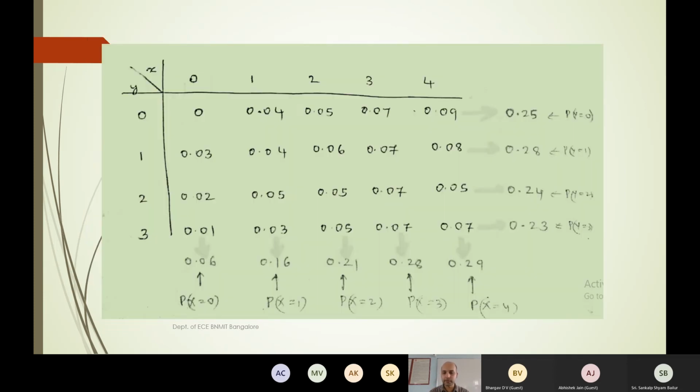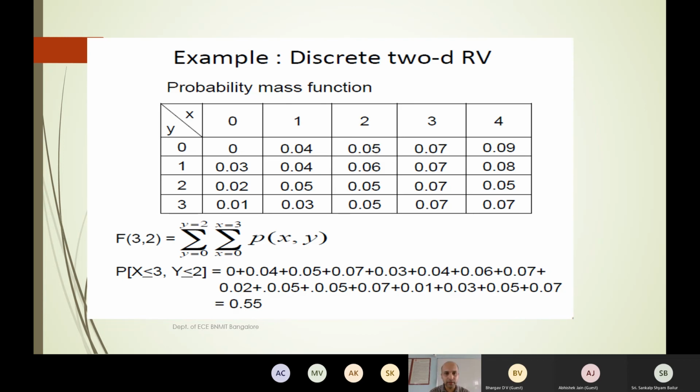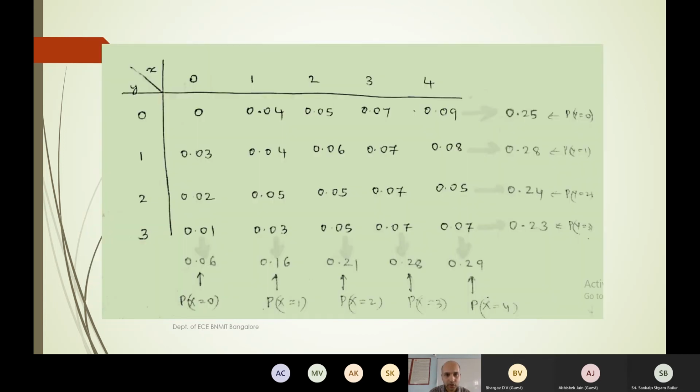Yes, it is possible. Just by looking at this tabular column itself, you could see that if you add up all this line, 0 plus 0.04 plus 0.05, 0.07, 0.09, you get 0.25, which is the probability that Y equal to 0. Similarly, probability that Y equal to 1, the humidity value taken as 1, you add up all these values, you get 0.28.